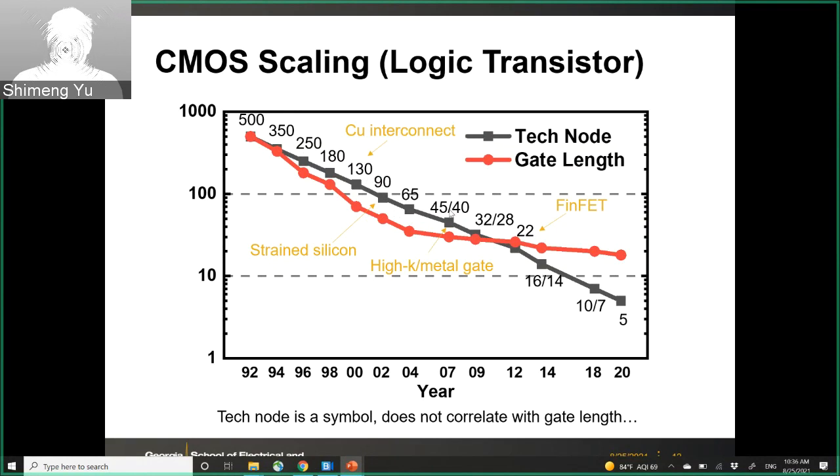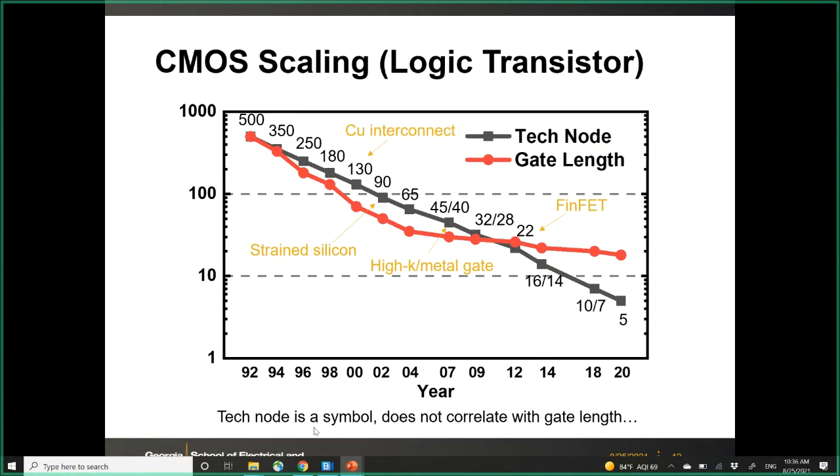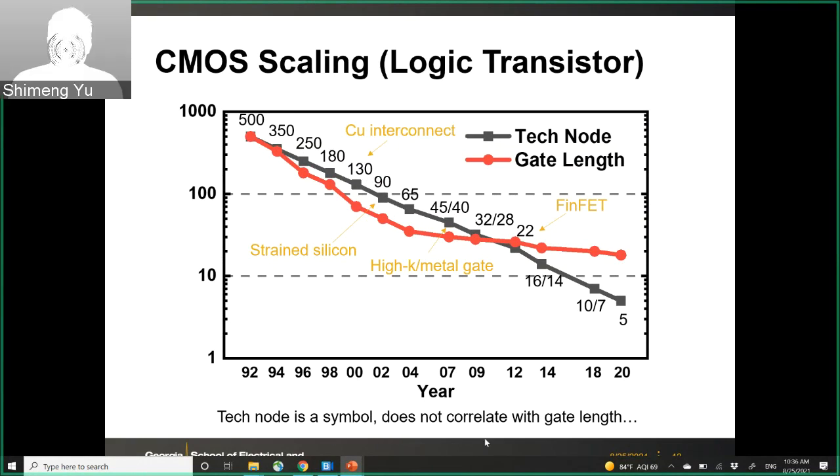At 45 nanometer, high-K metal gate was introduced to improve the gate electrostatics. And then at 22 nanometer, FinFET was introduced. We will talk about those in more detail later. But the most important thing here: the tech node is a symbol, and does not correlate with any gate length. And the gate length scaling almost stopped these days.